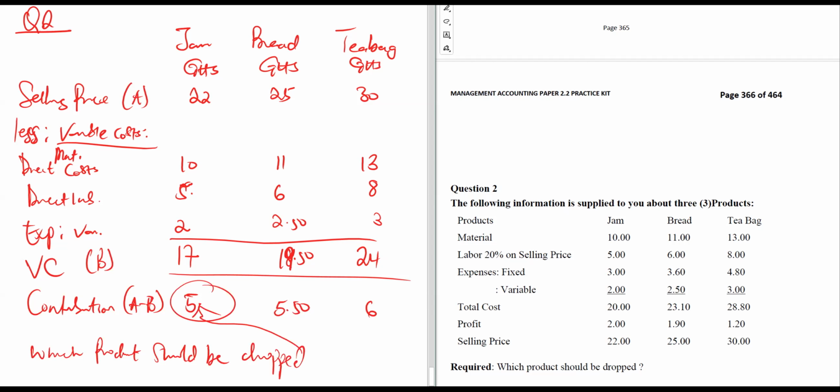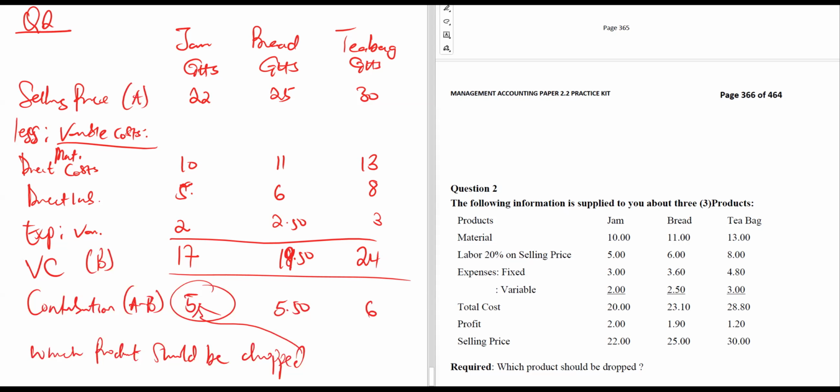So sometimes it's not that you always drop the loss-making one, but you may drop the one which has the lowest contribution, because we do not have the resources to produce all of them. Why do we always focus on the contribution? Because contribution is the profit that is available to cover fixed costs. Without that profit, fixed costs cannot even be covered.